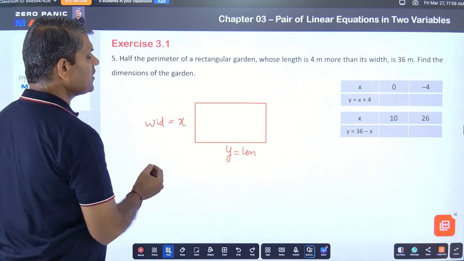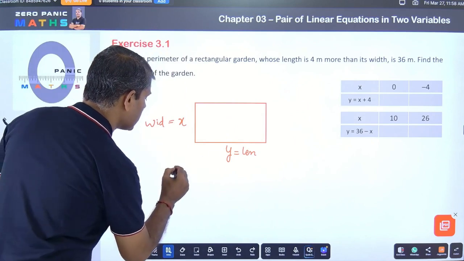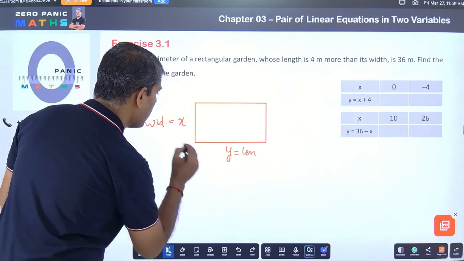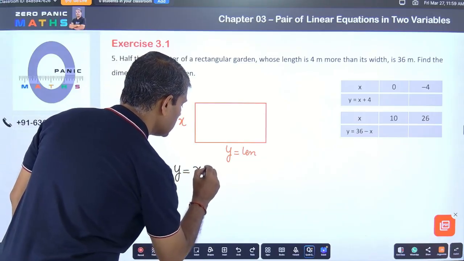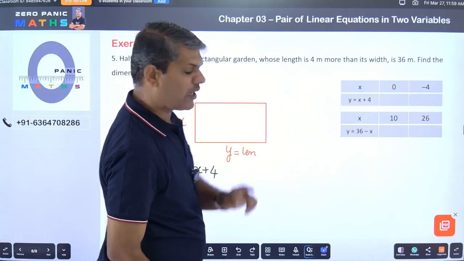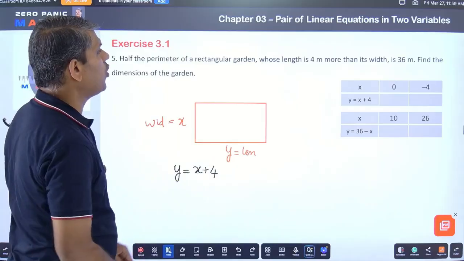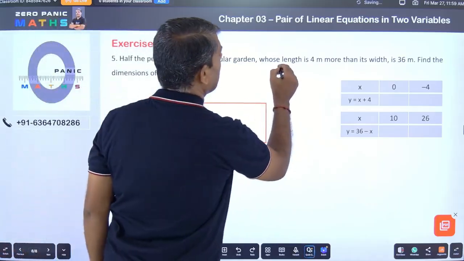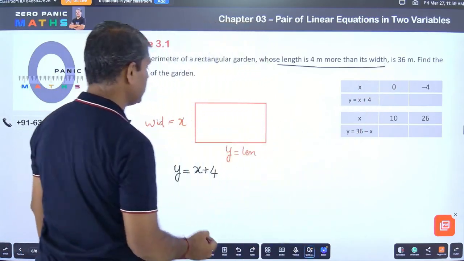So what is our first equation? Length is 4 more than its width. So x plus 4. That is our first equation: y is equal to x plus 4, because what is given is length is 4 more than its width.